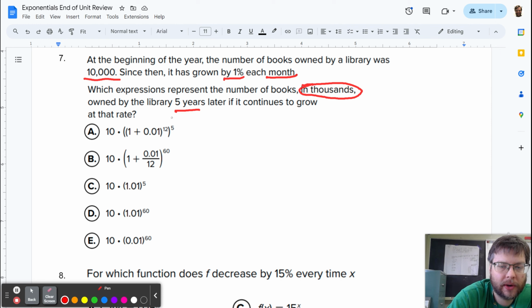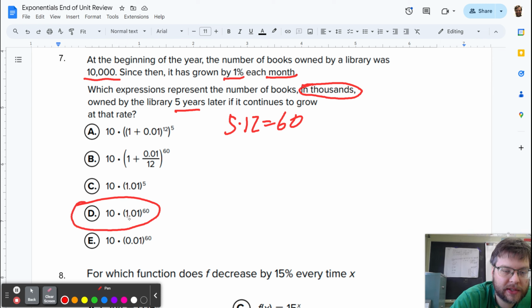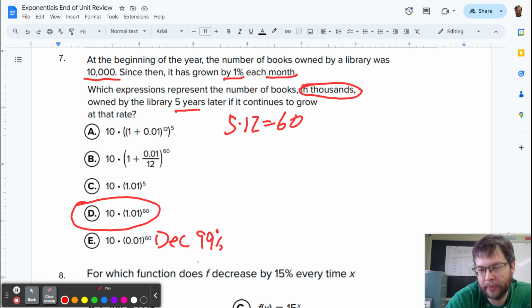Okay, so I know that 5 years times 12 months per year means there's going to be 60 total months. So I know that this option right here is good because it's increasing by 1% 60 times. Option E is bad because this one would be decreasing by 99%. If you ran that through your calculator, you'd have a number that's basically equal to 0.